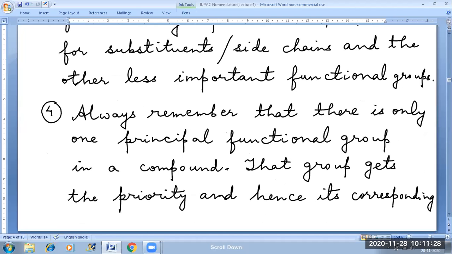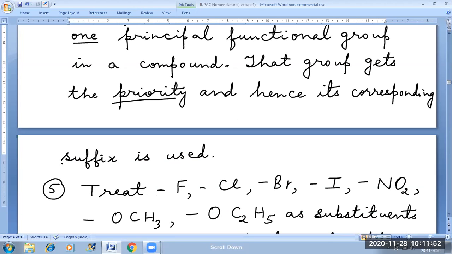Always remember, the fourth one is a very important point. Always remember that this word "only" is important. There's only one principal functional group in a compound. You cannot have more than one main group. There's only one main group inside a compound. That group gets the priority, and hence its corresponding suffix is used.